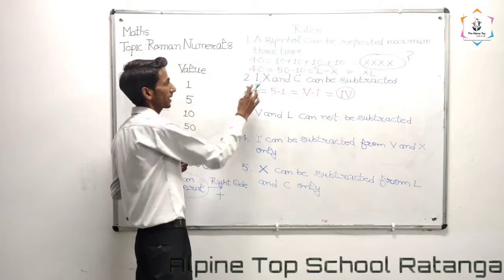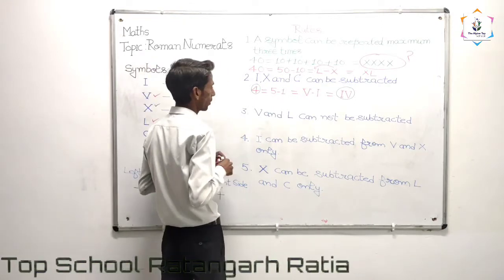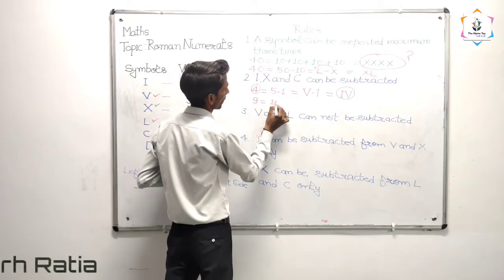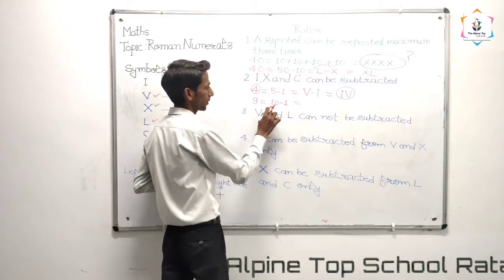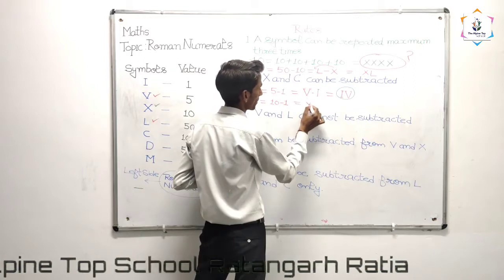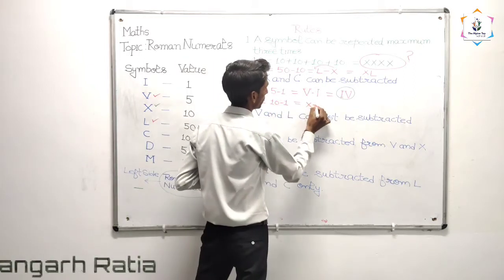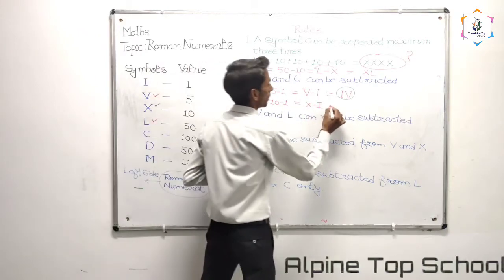Okay, now X also we can subtract. Just imagine, dear students, I want to write 9. I can write it as 10 minus 1. Obviously here I am subtracting 1 from 10. The Roman numeral symbol for 10 is X, and for 1 there is I. Clear?